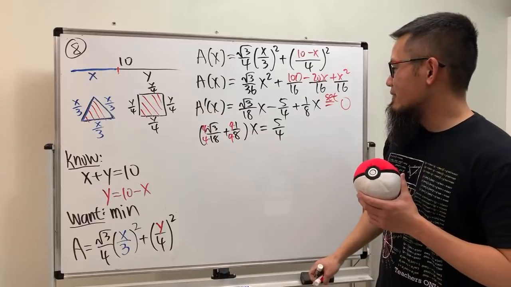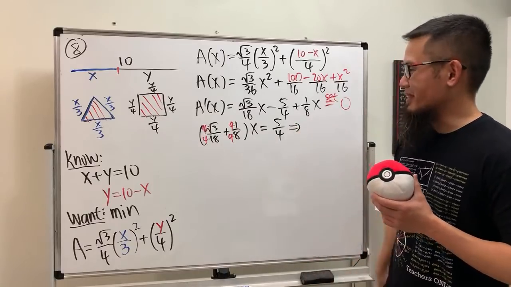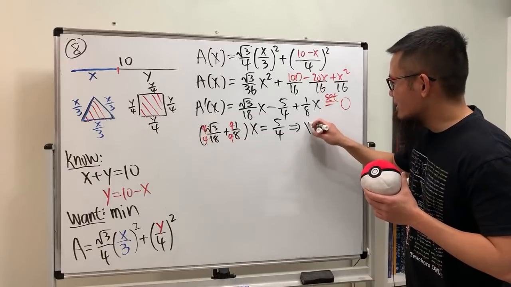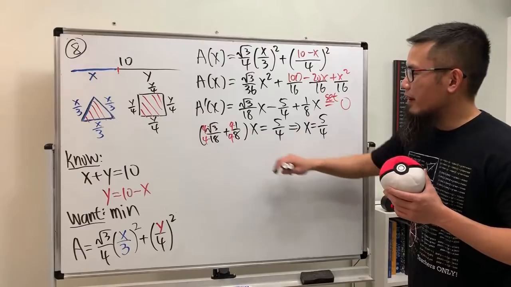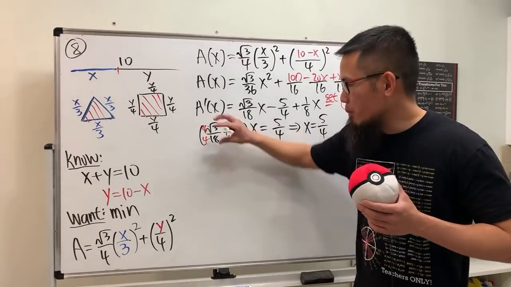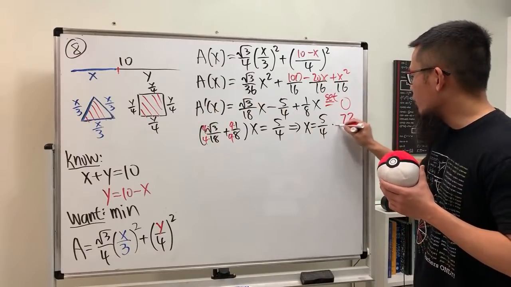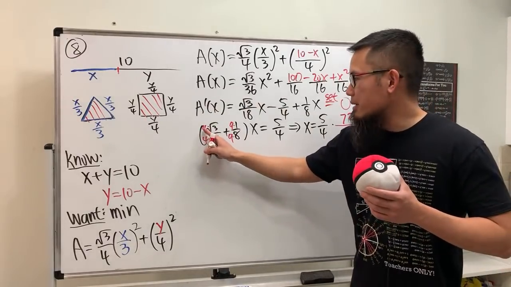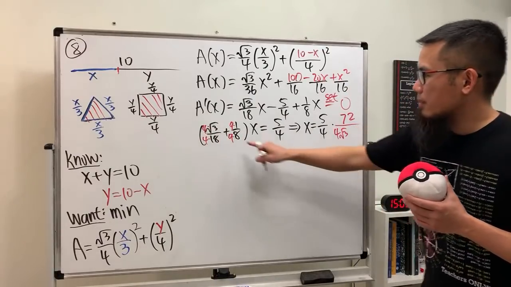This is why I said the number is not ideal. X equals 5 over 4, and then we have 72 on the bottom. Multiply by the reciprocal, so the 72 will be on the top, over the bottom here is 4 square root of 3 plus 9.